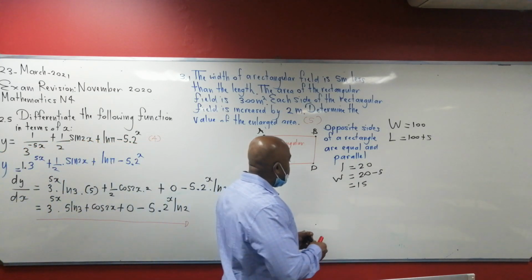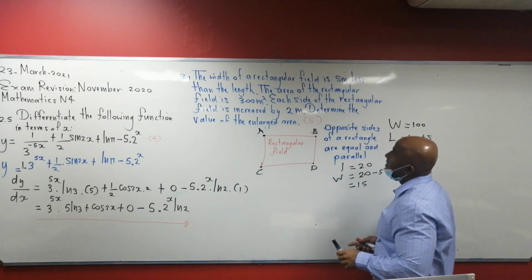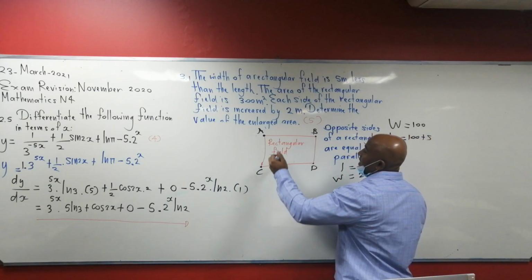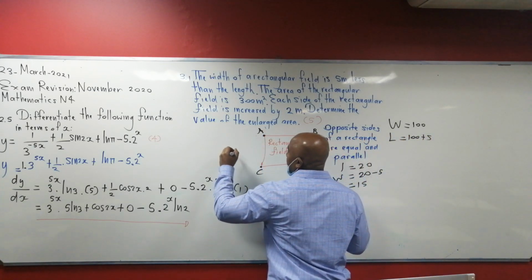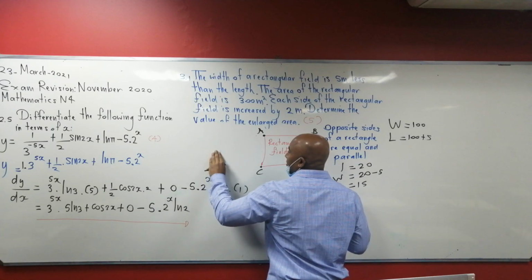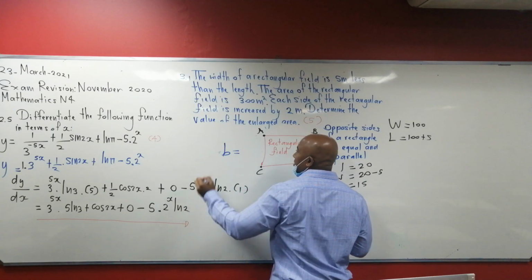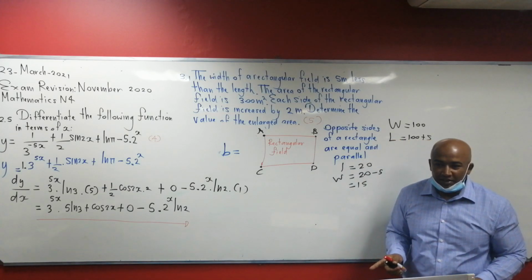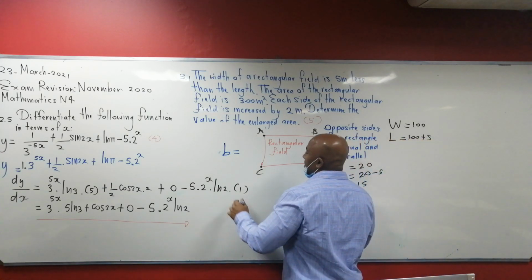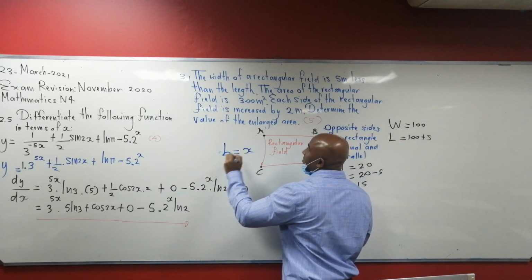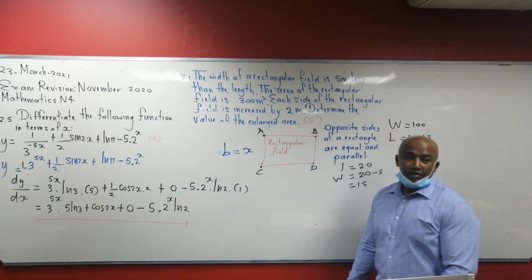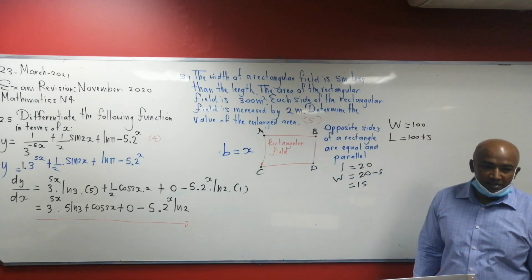Alright, so now that's the first part of the question. So let's say this is the width. Let's call it the breadth here, because we're used to using the words length and breadth. So your breadth is, let's call it x. We do not know what the breadth is.